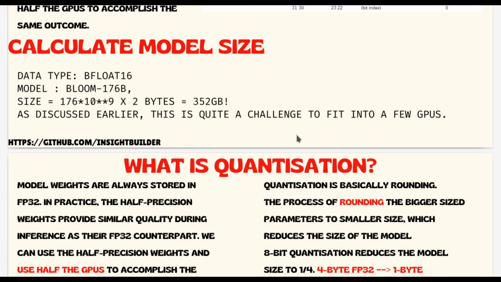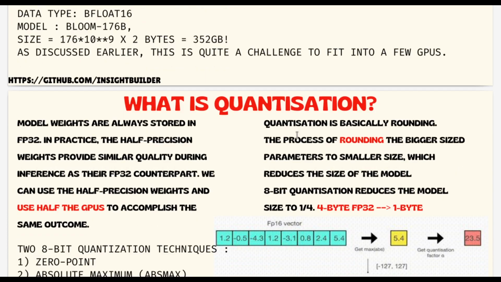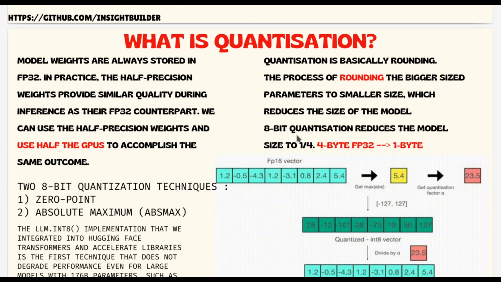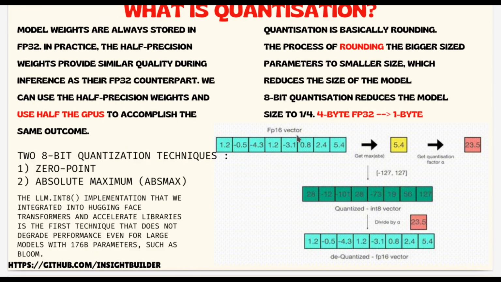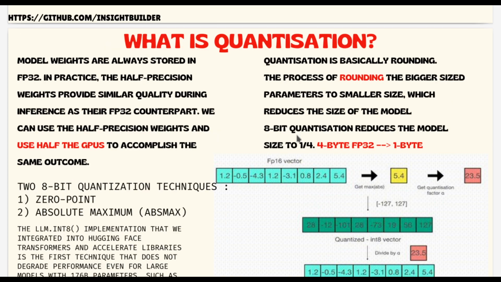Okay, now I have put the effort into telling you why this is an important activity, why quantization is important. Let us move to the next step. Quantization is basically rounding the numbers. If you are from accounting or a business background, we always round the numbers.